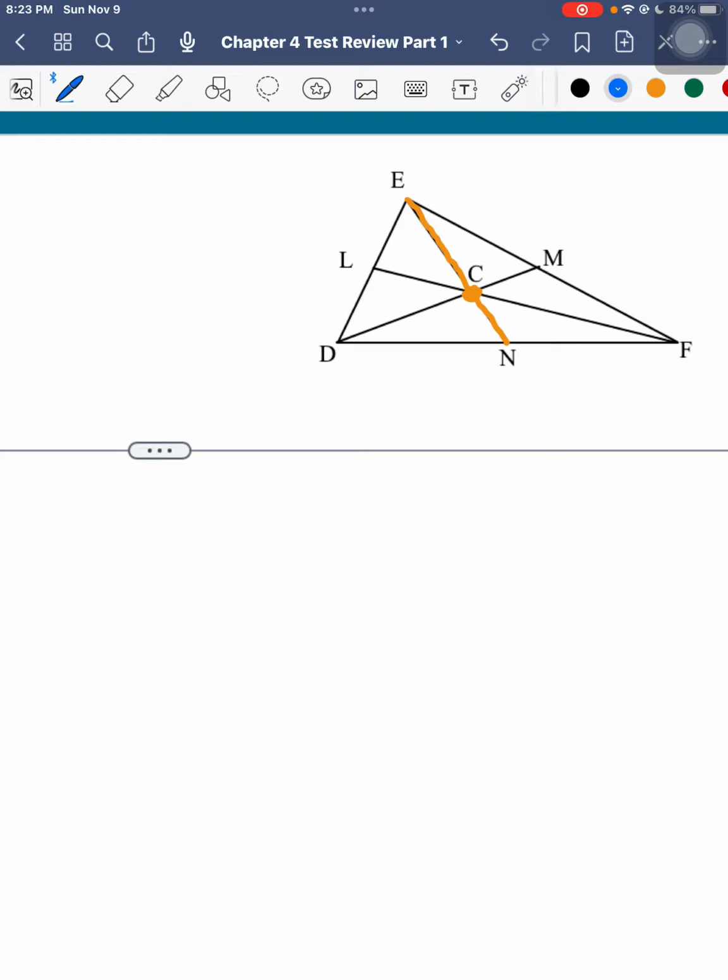The 2/3 portion is from the vertex to the centroid. Oh, let me write this down. This is the centroid. So from the vertex to the centroid is 2/3 of the median. From the centroid to the midpoint of the opposite side is the 1/3 portion.